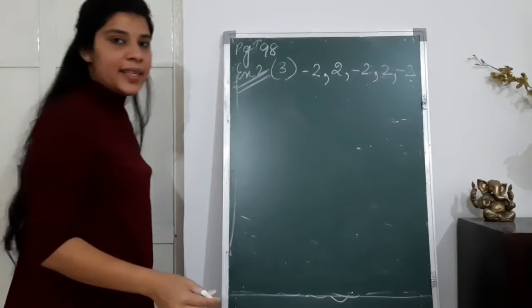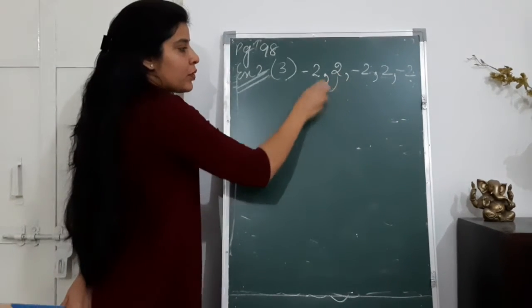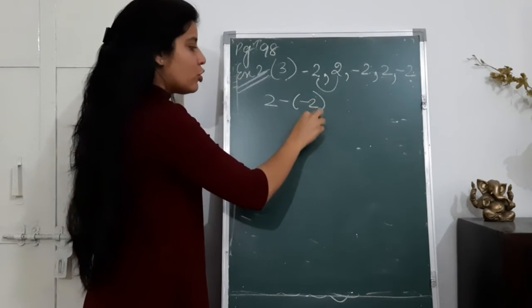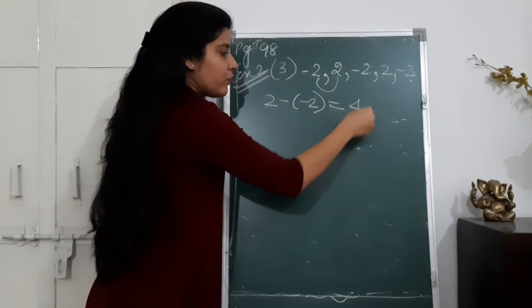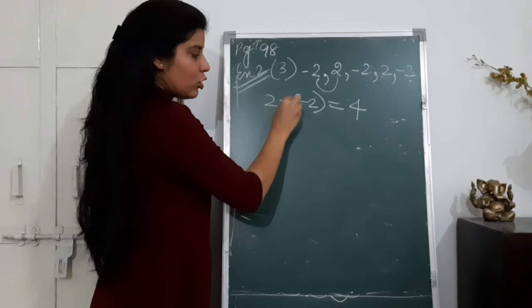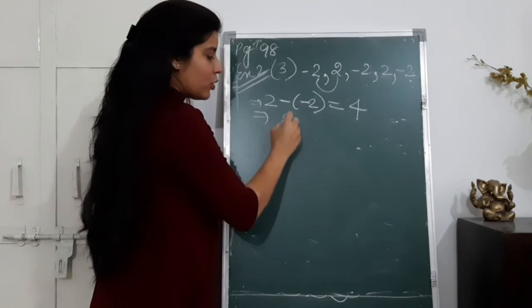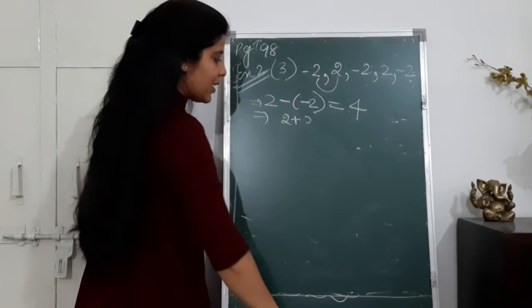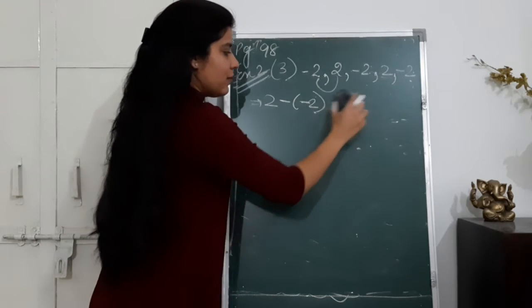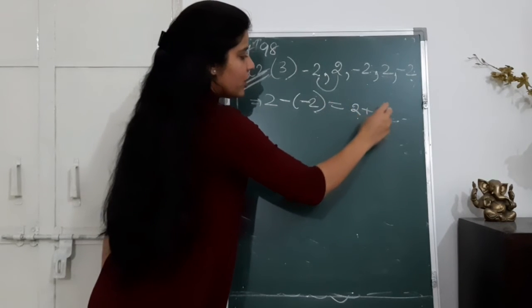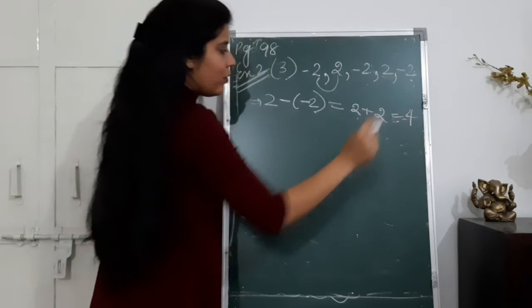Now let's see the common difference here. So this minus this, 2 minus minus 2, is equal to what? 4. Why? Because I clearly told you this minus and this minus becomes plus. So what will this eventually become? 2 plus, I will write it here so that there is no confusion. This minus and minus will become plus, so 2 plus 2 is equal to 4.